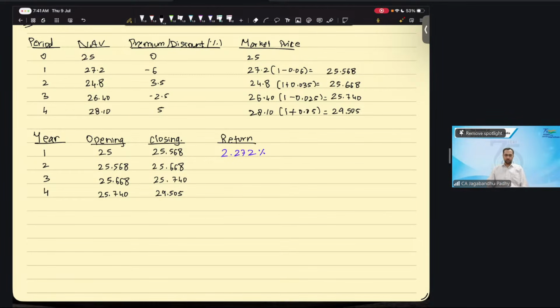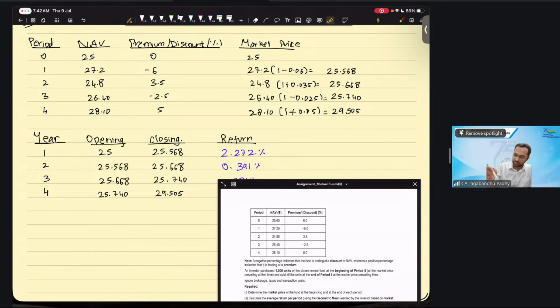Yep. So in year 2, the return is 0.391%. Then the third year it is 0.281%, and then it is 14.628%. Just check if you're getting these numbers, because I've maintained a uniformity of 3 decimal places. We're getting these numbers? Okay. So that's the return which we got.